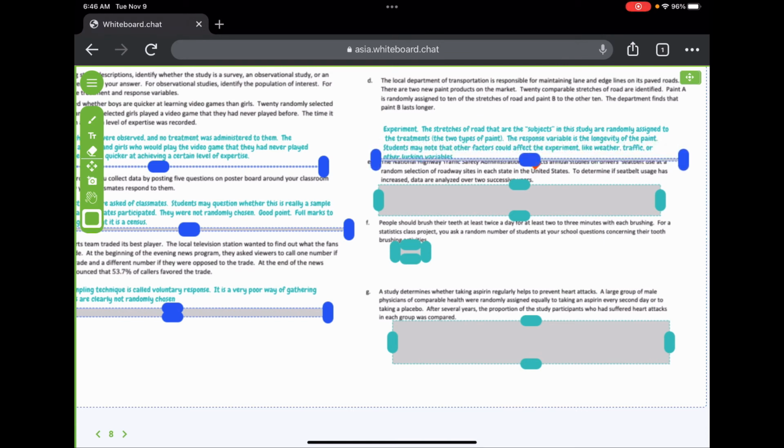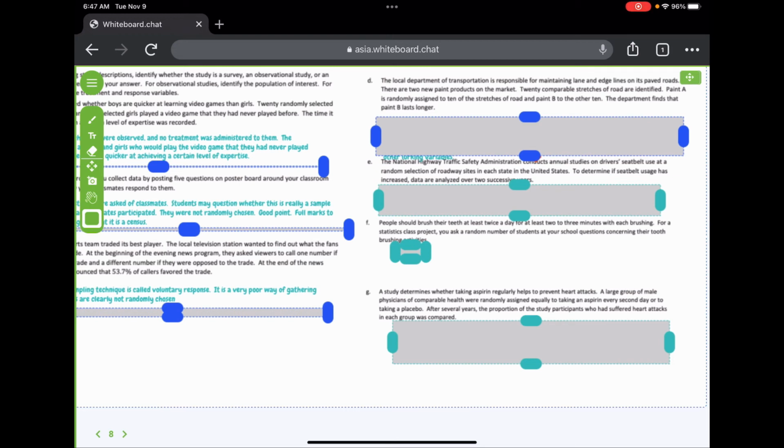So this is an experiment. The stretches of road that are the subjects in this study are randomly assigned the treatment. They're given to you. You've got 20 of them, but you're randomly assigning the treatment. The response variable is the longevity of the paint, how long it lasts. Students may note that other factors could affect the experiment, like weather, traffic, or other lurking variables. That's a good word. Lurking, something we may not actually notice or see there.